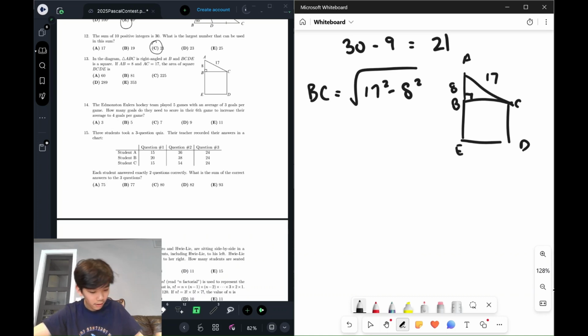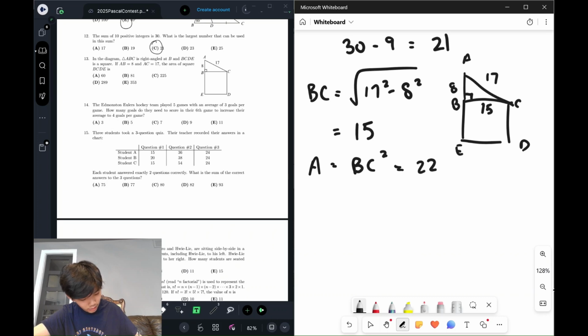You can plug this into your calculator to get that this is 15. Alternatively, you can recognize the 8, 15, 17 Pythagorean triple. The question asks for the area of square BCDE. The area is going to be equal to BC squared, which is going to be 225. So here the answer is C.